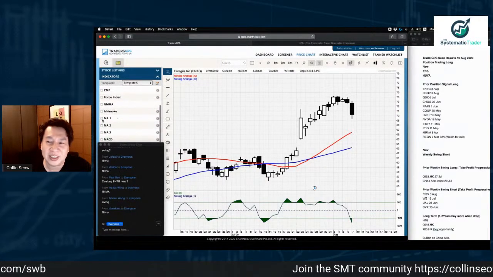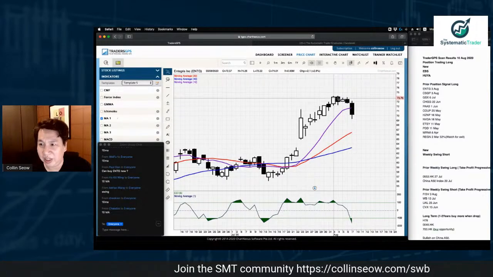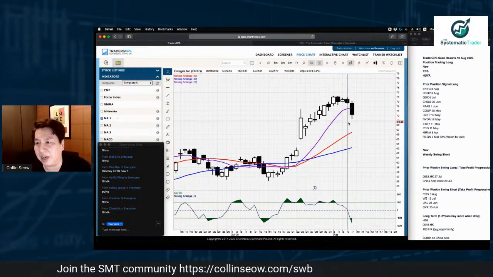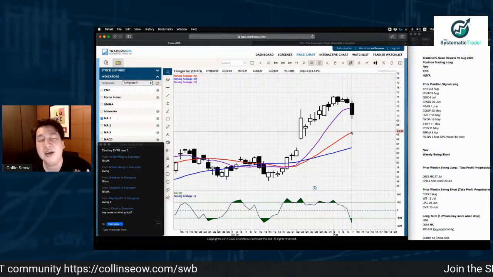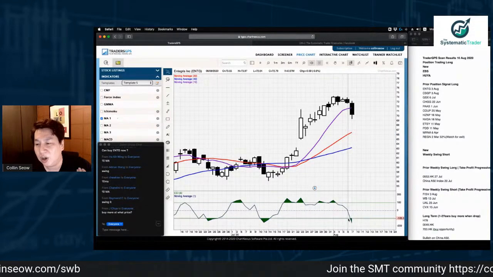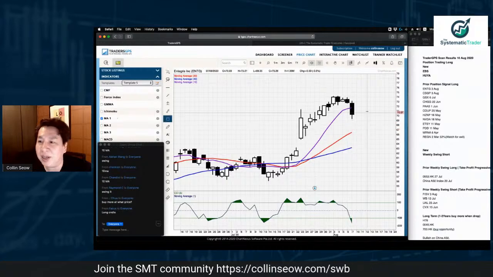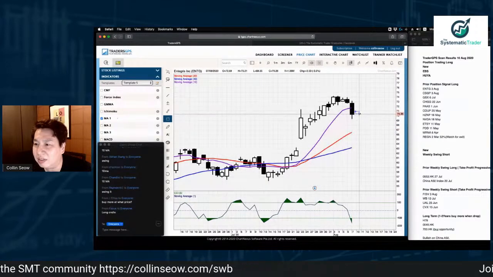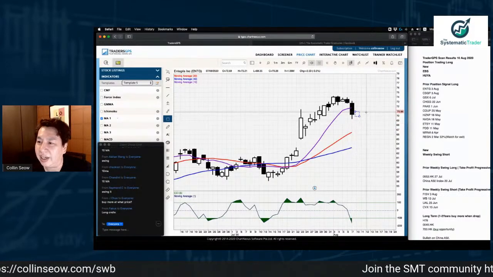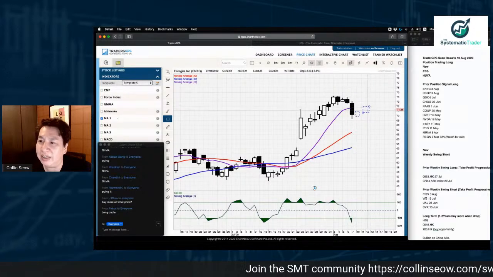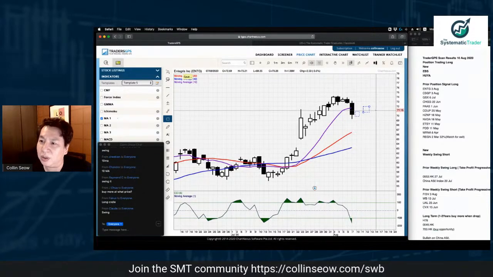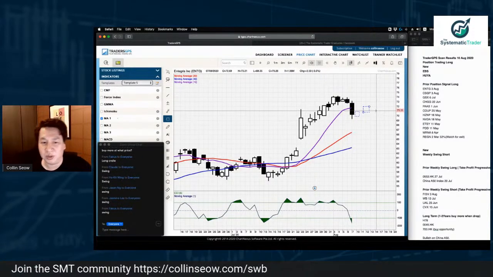So you can use a 10 MA to cut you. You may even put a 20 MA, doesn't matter. The price is oversold. What may happen is the candle may slow down, may shorten, and after that, if it breaks above the high, you can also do a swing. If you want to do a swing, you can also do a swing.